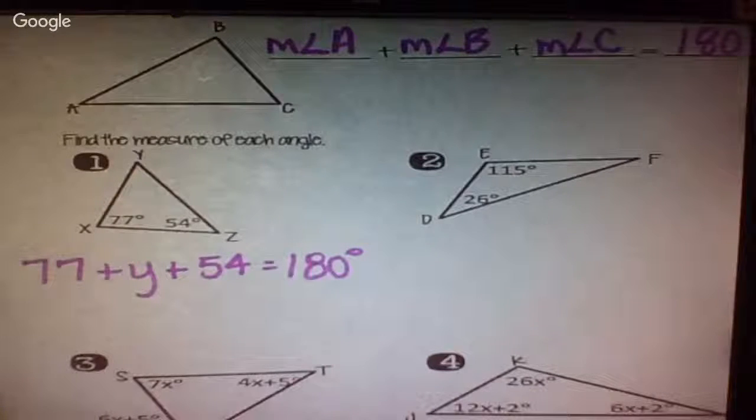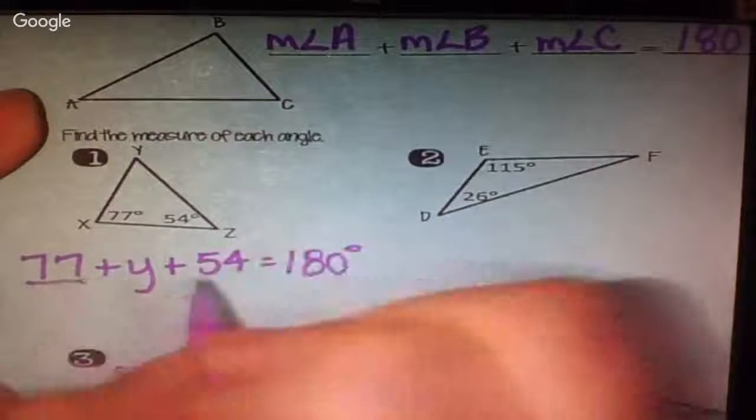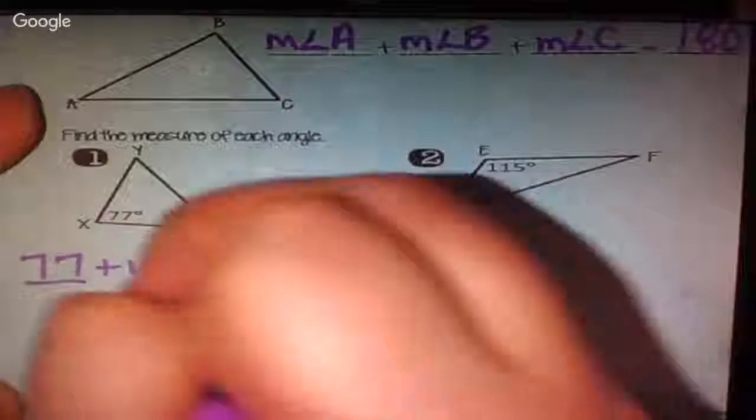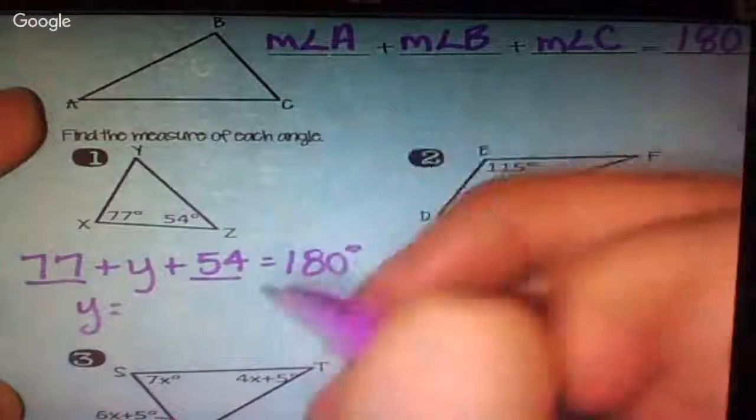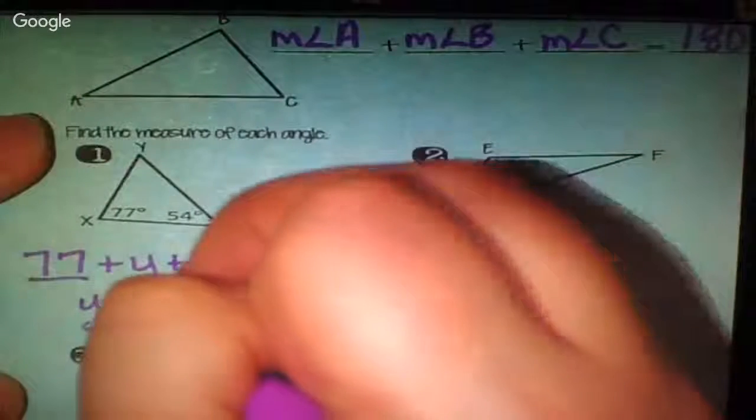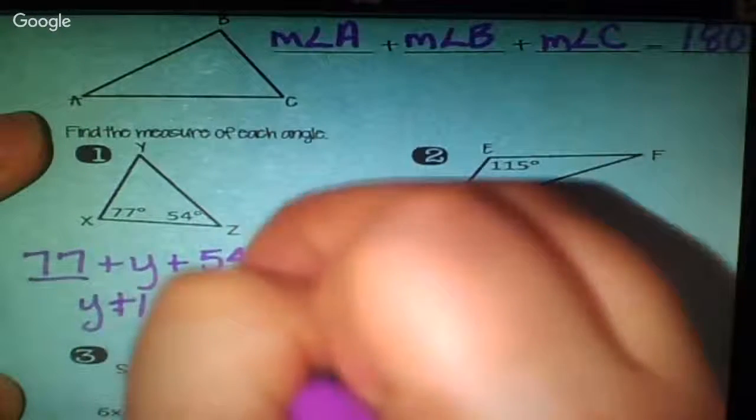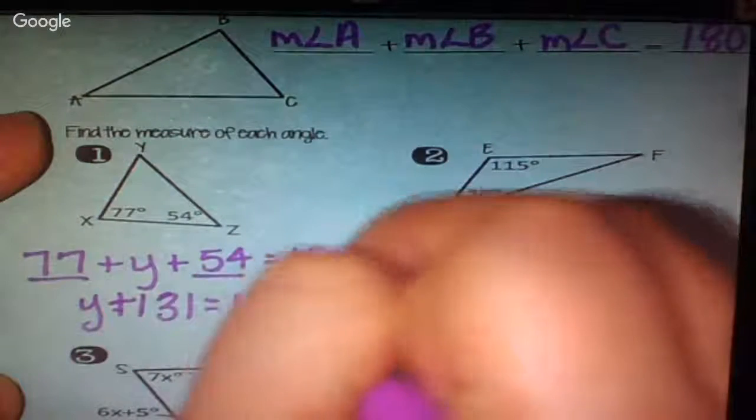Never mind. So all three angles together should equal 180. So now we combine like terms. 77 and 54. You said what? 131. So Y plus 131 equals 180.